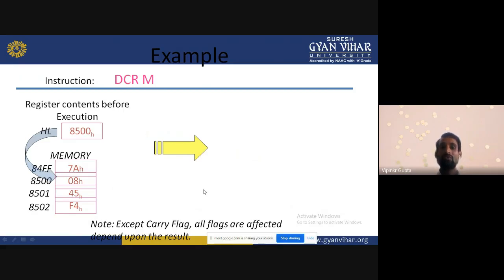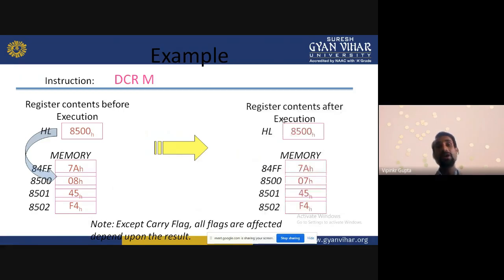After the execution of this, whatever data is at that memory address, 08, is decreased by 1. So 08 minus 1 is 07H. The HL pair value is not changed, only the data value is changed.